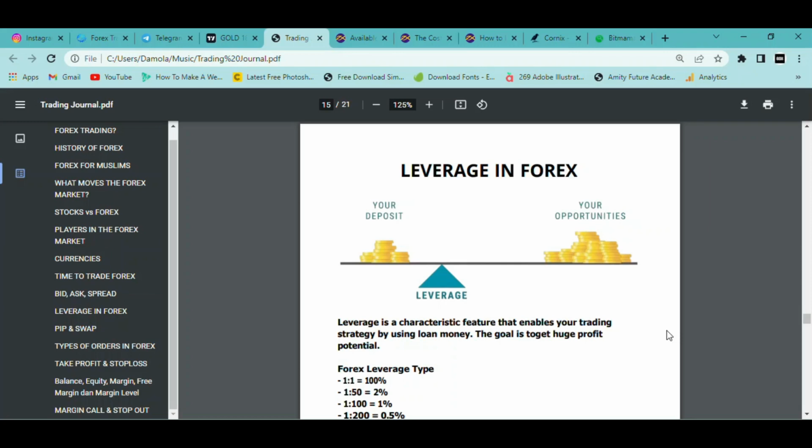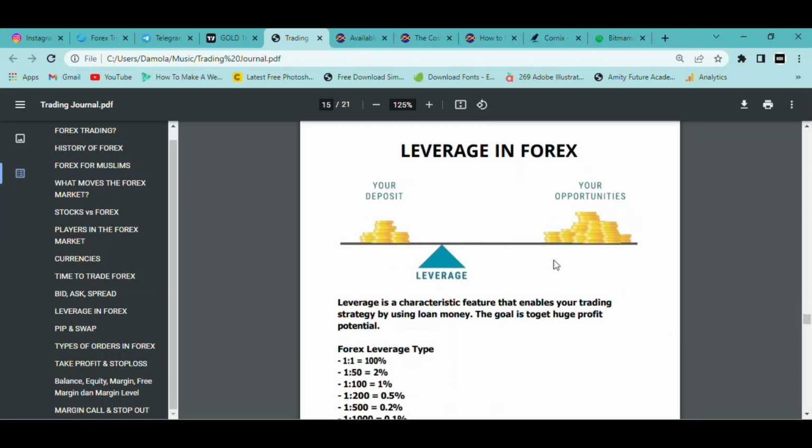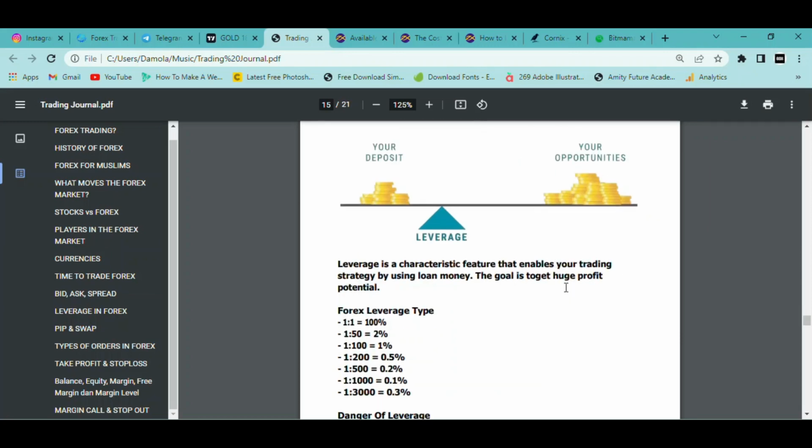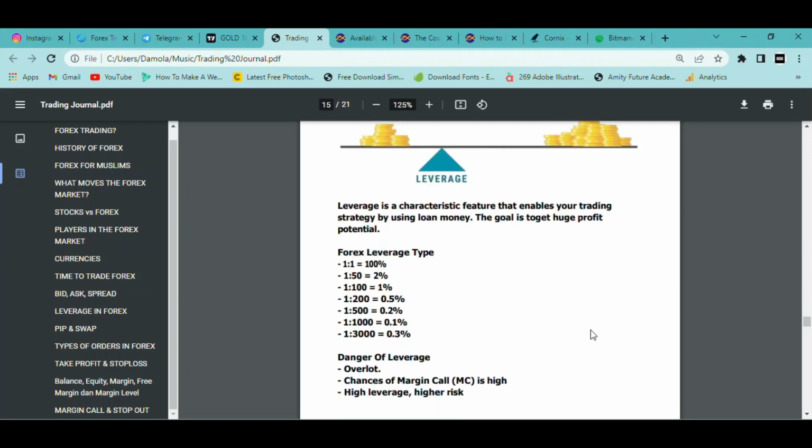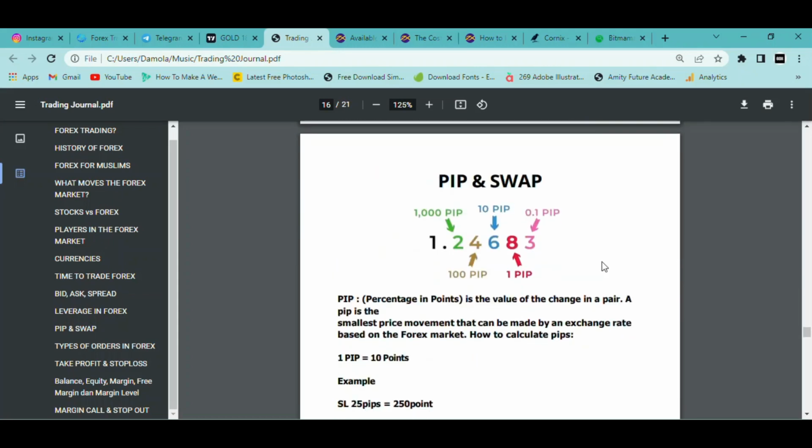That is what you call leverage. We have different types of leverage. You have 1:1, which is 100%, 1:50, which is 2%, 1:100, which is 1%, and so on and so forth. For most of us that might have opened our MT5 accounts or our broker accounts, we must have seen the place where we were asked to input leverage and all of those things.